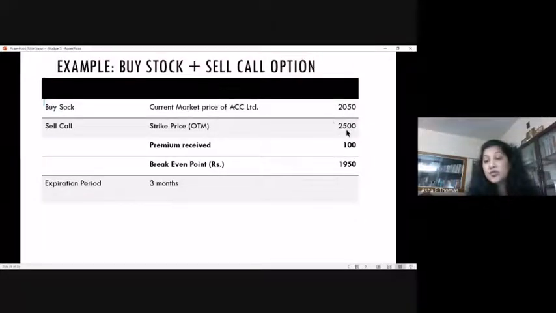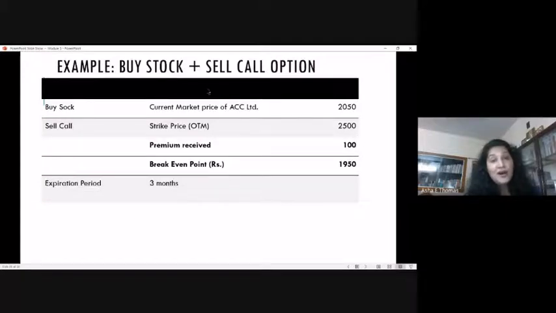He fixed this at 2,500 because this is the profit he expects by buying the stock from the market. Now, if somebody is willing to give him this, he is ready to exit from the market. So he expects the market to be bearish for some time, and he wants some profit to be made by, as you say, selling the call and getting the premium.